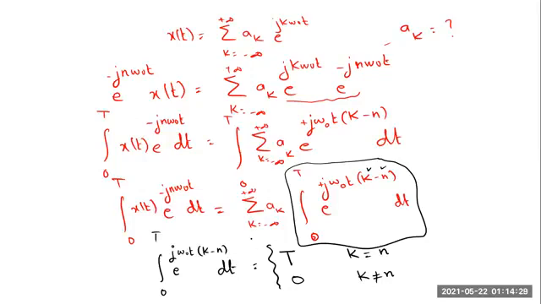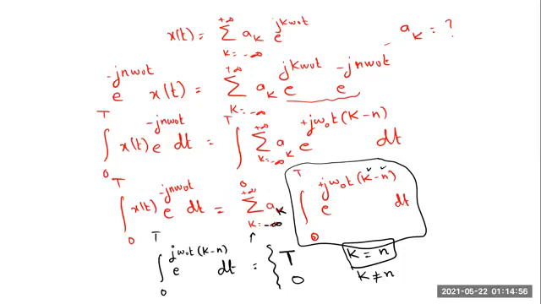So when we take the summation from minus infinity to plus infinity, the only non-zero value that you will get is when k becomes equal to n. When k becomes equal to n, this ak will become an, and it will be multiplied with this. For all other values of k, the answer is 0.